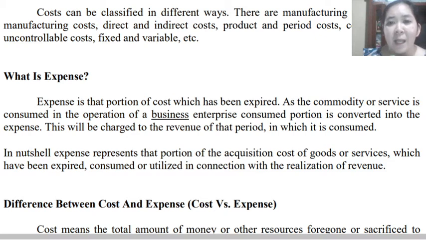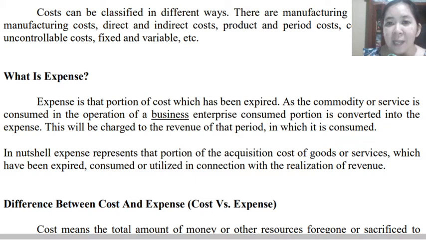Although they can be part of the factory overhead, there are cases in which these are not actually allocated to the production. So that's why they have their separate expense account. So this is what we call expense when incurred.